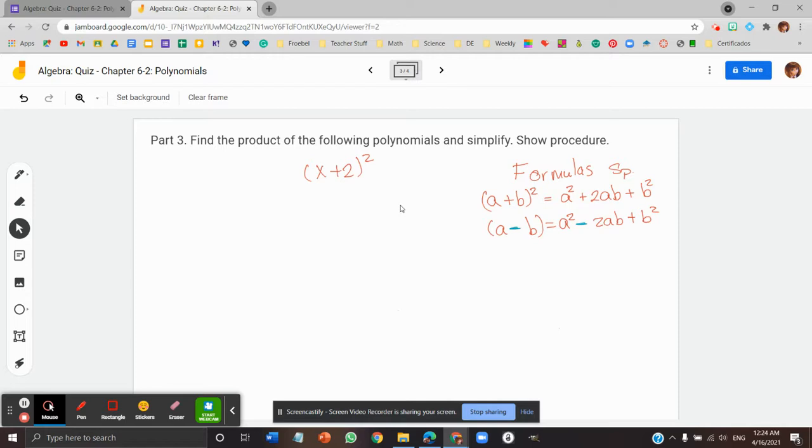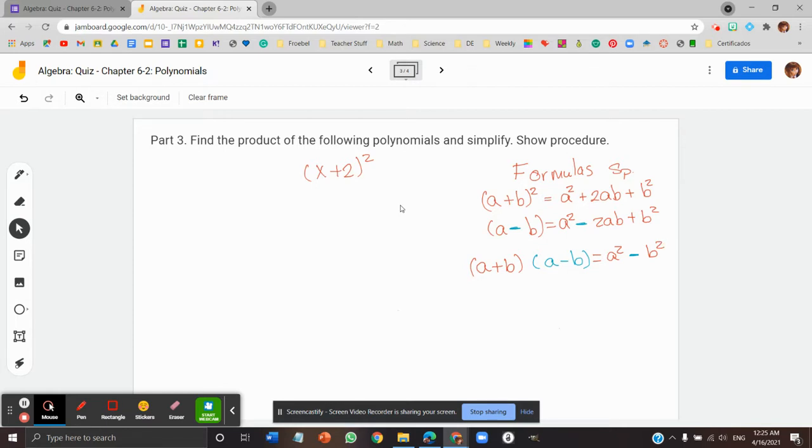For example, if I have a plus b times a minus b, then I can rewrite this as a to the second minus, and I'm going to do this in blue so you can see and remember the minus or the subtraction, minus b to the second. Those will be my formulas for special polynomials.